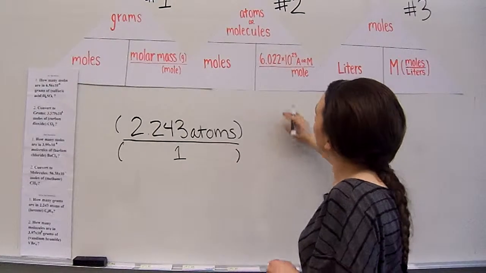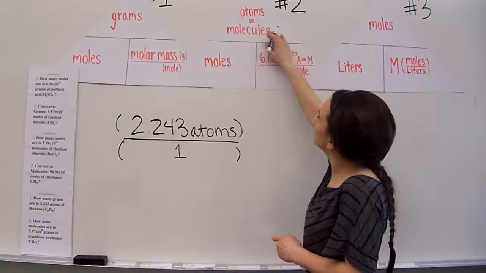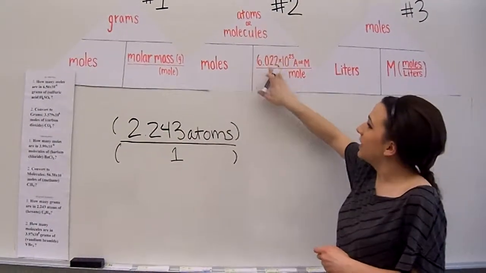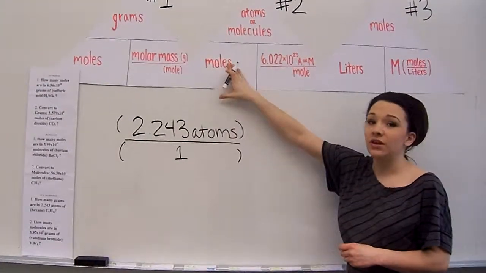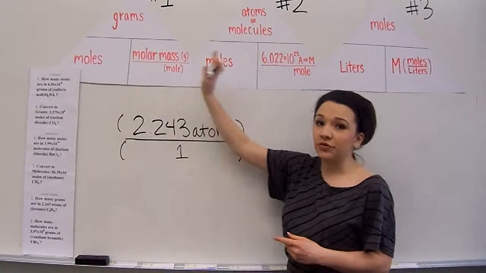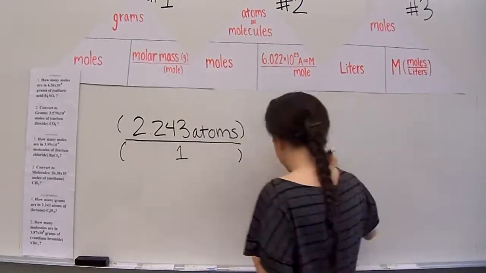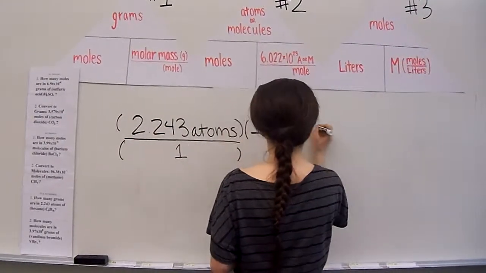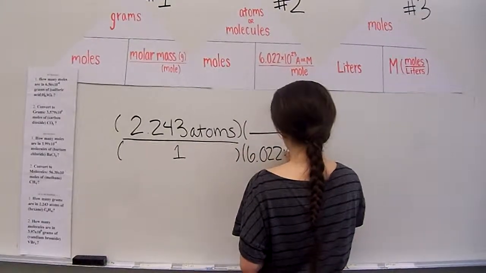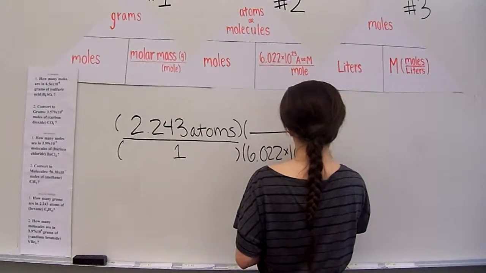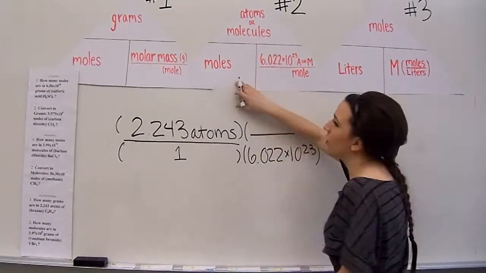Next, we have the atoms, and then we're going to divide by the constant to give us the moles, because once we have moles, we have free range to move throughout the other triangles. So dividing that by the constant, which is 6.022 times 10 to the 23rd, will give us the moles.